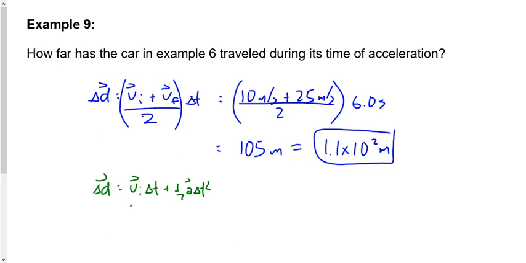We know VI, we know T, we know A now from the previous question. That'll work. D is equal to VF T minus 1/2 A T squared. That'll work as well. We have VF, we have T, we have A from the last question.